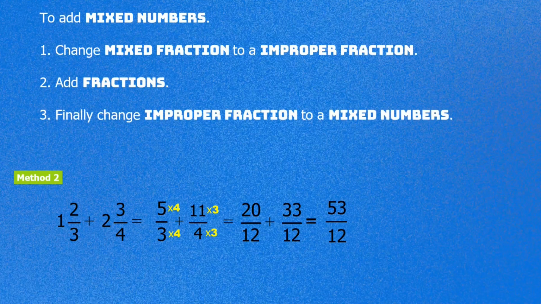Finally, we got an answer that is an improper fraction. Remember, we can leave it as it is, but it looks nicer and neater to change from an improper fraction to a mixed fraction. And this is our last answer.